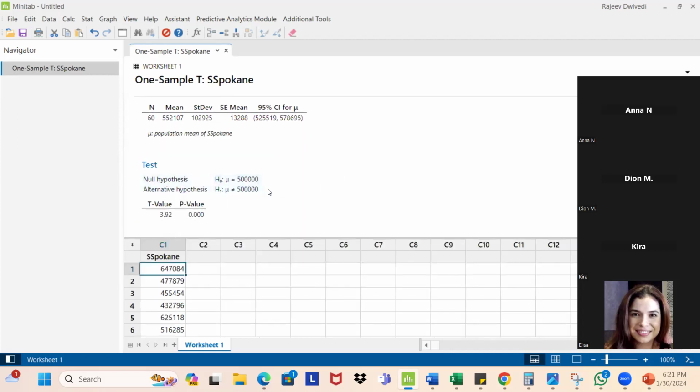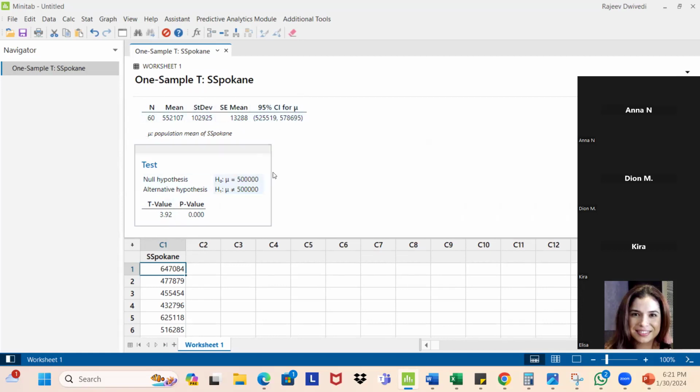You can see the null hypothesis is mu equal to 500,000. The alternative is not equal to 500,000, and the t value is 3.92, p value is 0. Mean, the average of whatever data we collected, is 552,000, standard deviation 102,000, with this confidence interval.